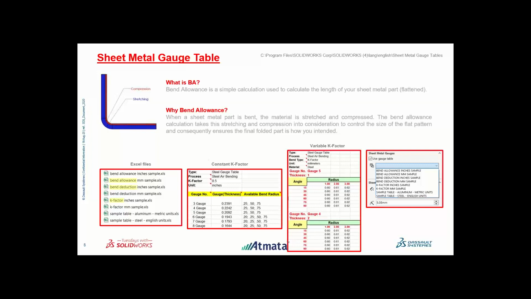Here you see some Excel files. You have the K factor here, a constant K factor. You see various gauges, and you also have various radii applied. This kind of parameter can be taken based on your manufacturing needs. So based on what your manufacturing needs actually are, you can set these Excel files.